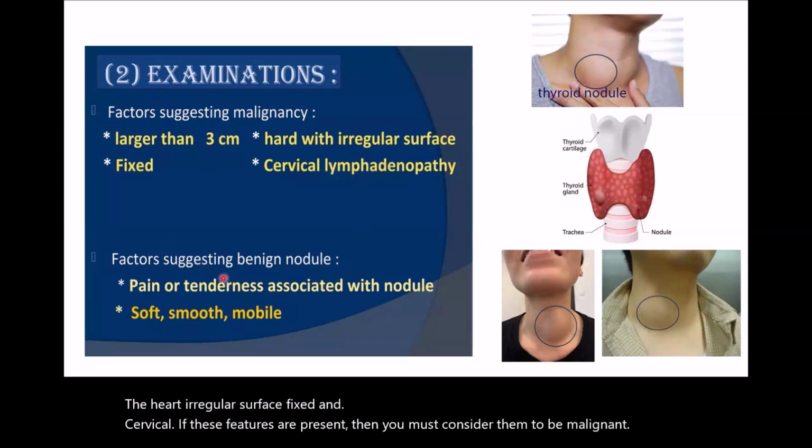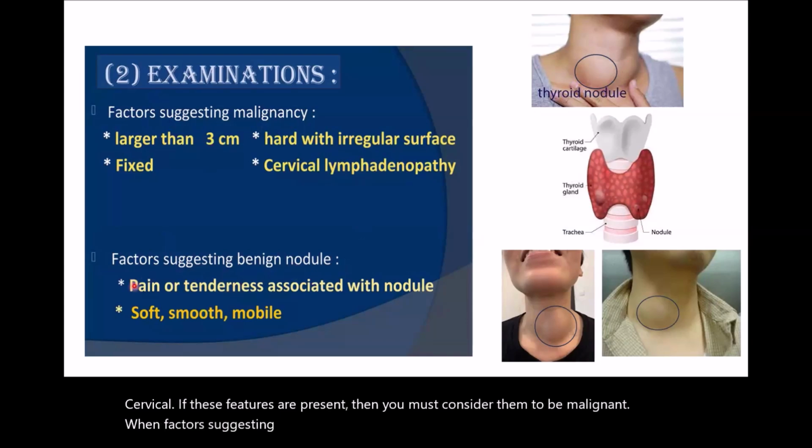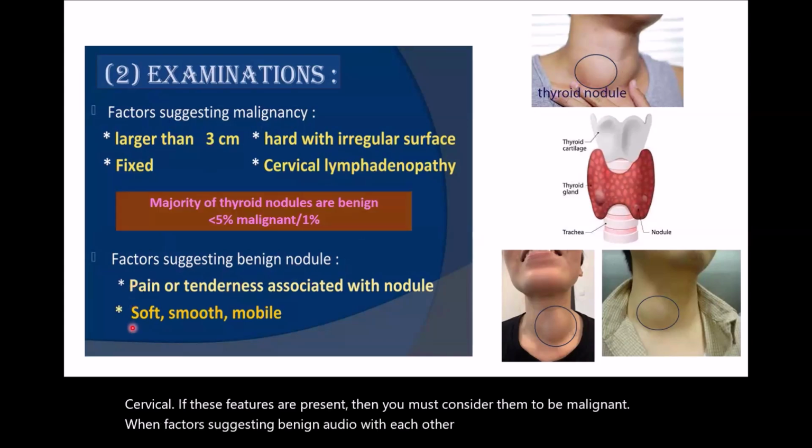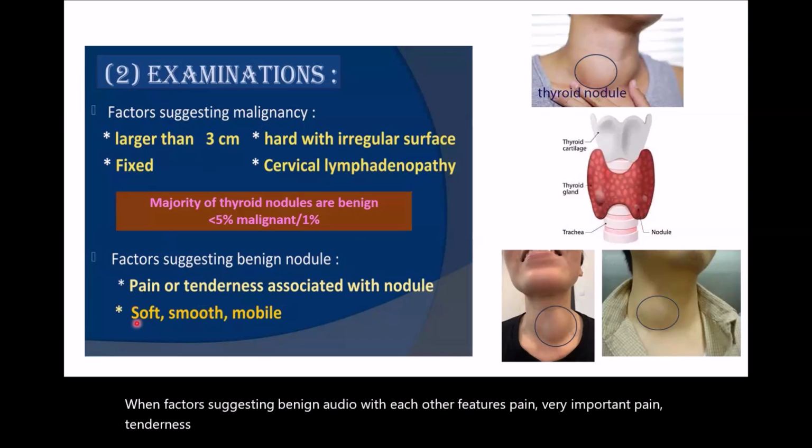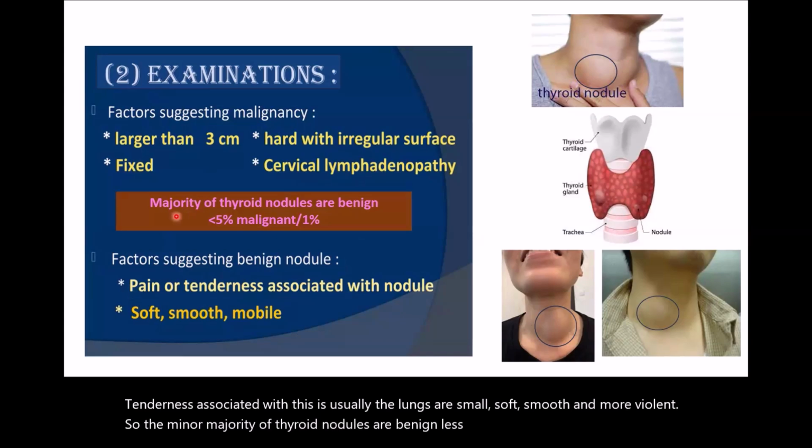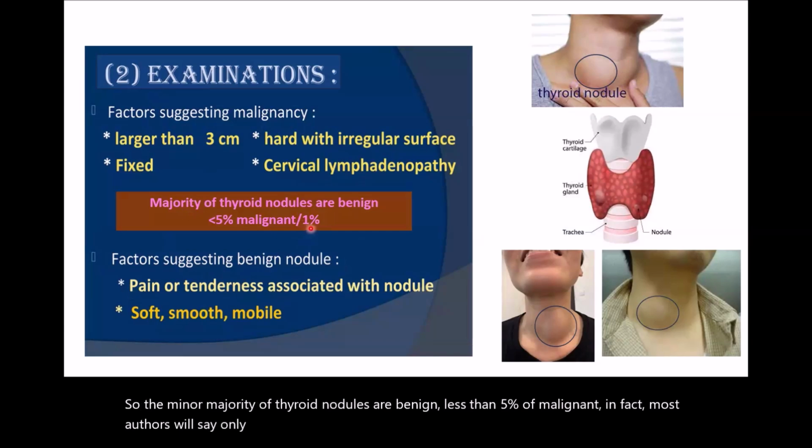And factors suggesting a benign nodule, okay, these are the features. Pain and tenderness are associated with this, and usually the lumps are small, soft, smooth, and mobile. So the majority of thyroid nodules are benign. Less than 5% are malignant. In fact, most authors will say only 1 or 2% malignancy.